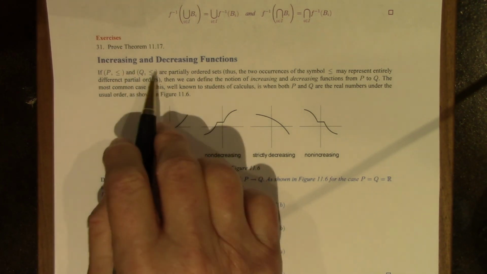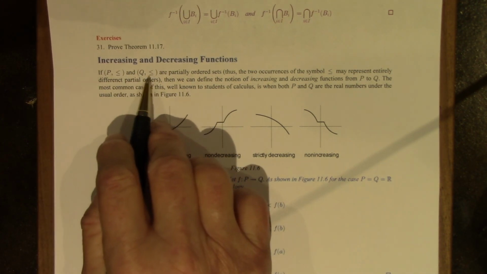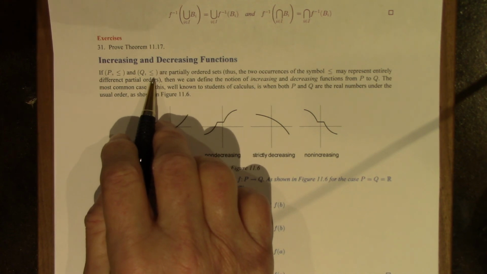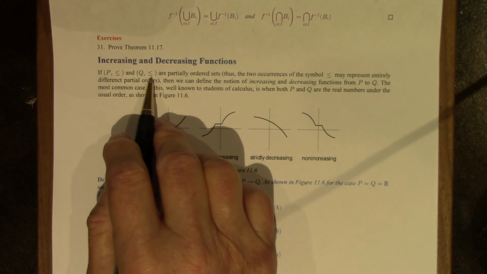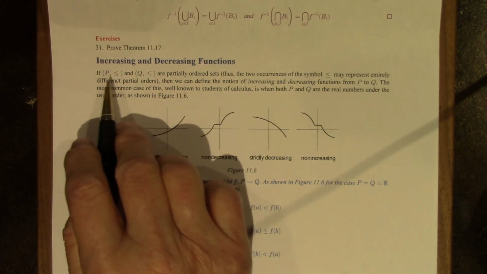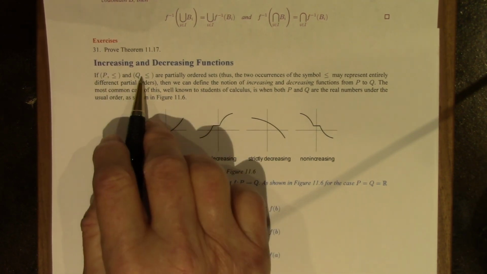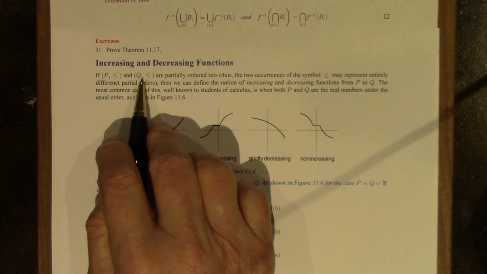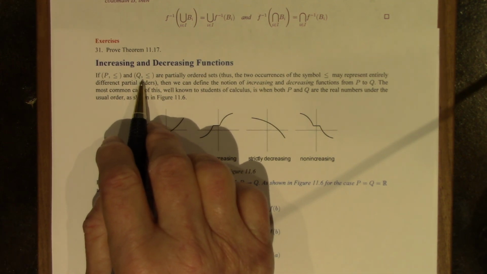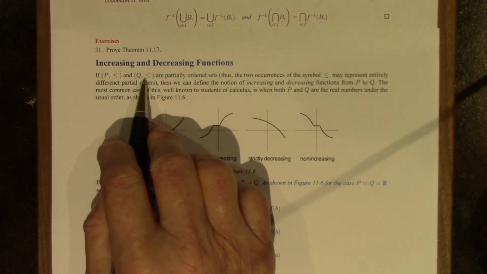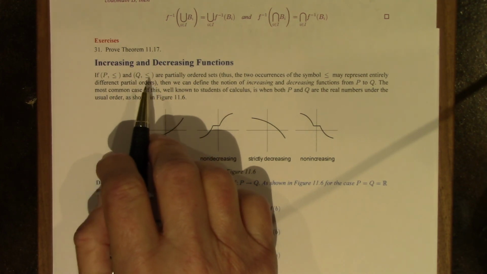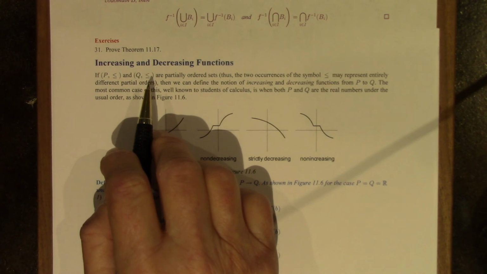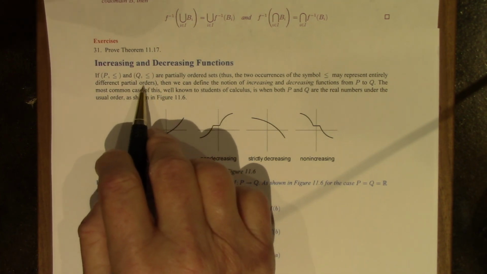So is Q. I've used the same symbol here for the order, the partial order, and that's commonly done. But it does not mean they're the same partial order. Sometimes a symbol is used in two different contexts, and you have to get used to that.